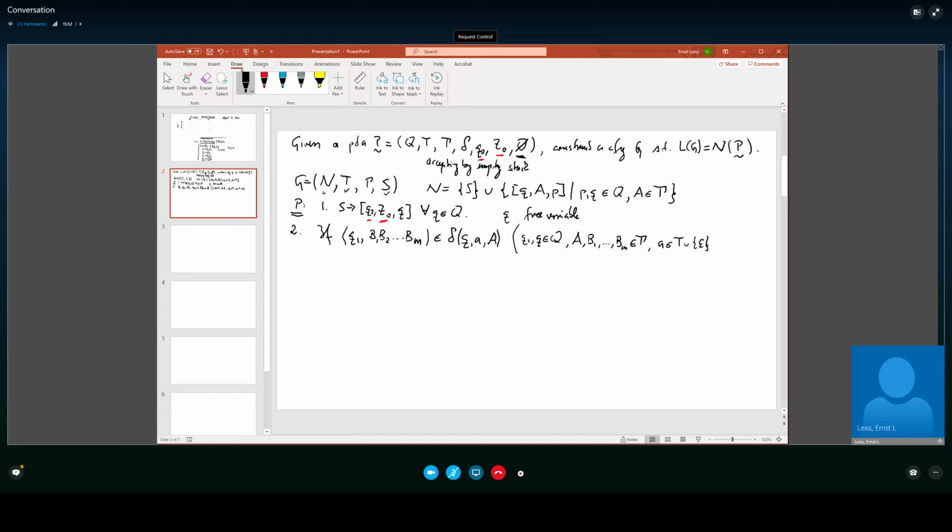So if that's the case, then we have the production [Q, capital A, P] goes to little a [Q1, B1, Q2] [Q2, B2, Q3] and so on, [Qm, Bm, Qm+1], where P is equal to Qm+1.